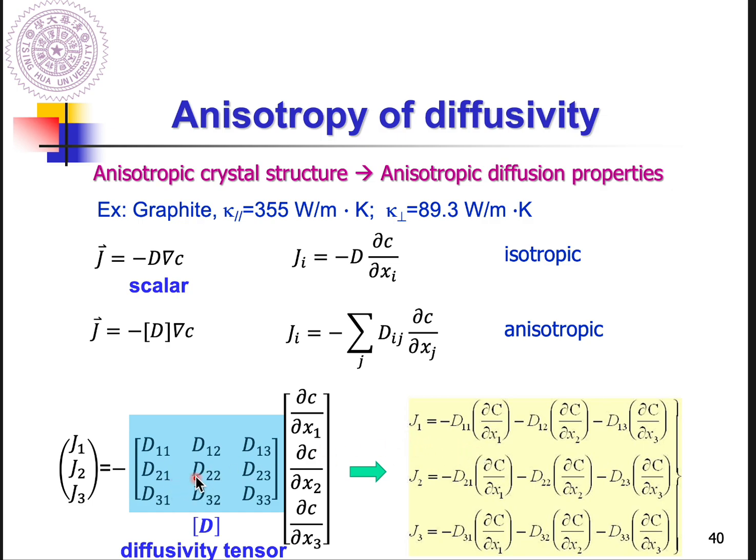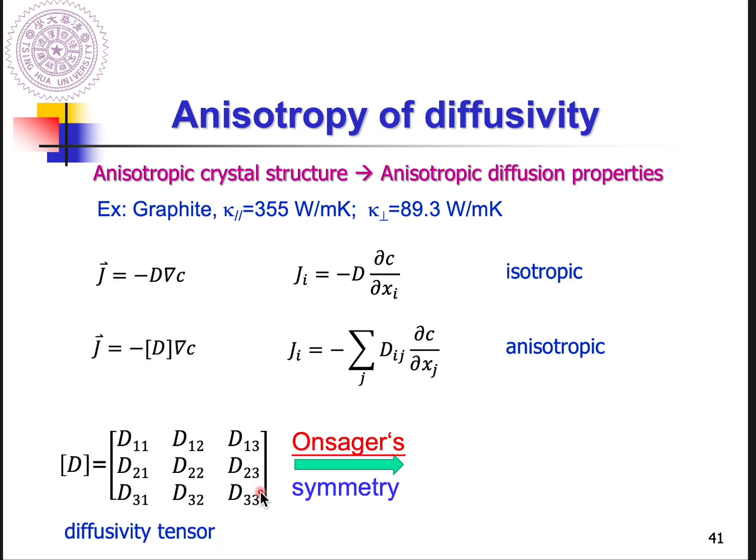so you are going to get J1, J2, and J3 in your material. And as you know, it is 3 times 3, so we get 9 parameters in the diffusivity. In order to simplify it, we use the Onsager symmetry.